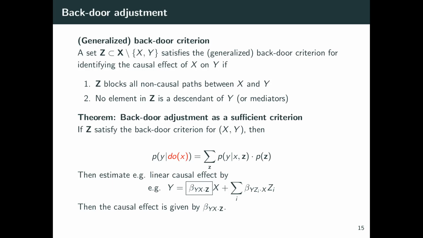So you fit a model of Y on X and on the confounders, and then the causal effect is given by this beta coefficient in front of X. So that's a nice way to do causal inference.